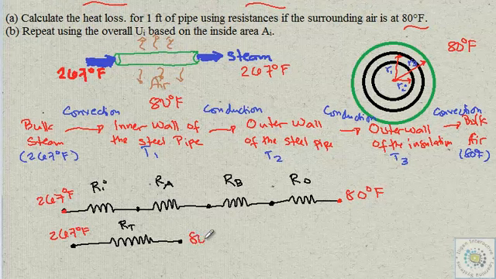To compute Q, let's draw the analogy with electrical circuits. I is equal to the difference in voltage, delta V, over the resistance.